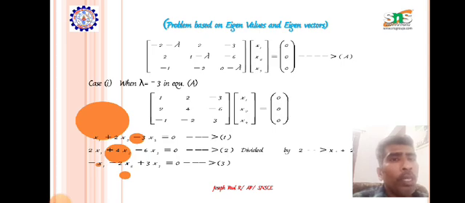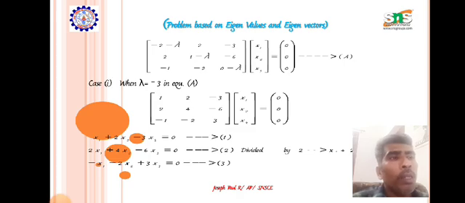If all the 3 equations are different, we can choose any 2 equations to find the vector. If all the 3 equations are the same, it means the equations are repeated, so we have only one equation. And in the third case, any two of the equations are the same and one is different.